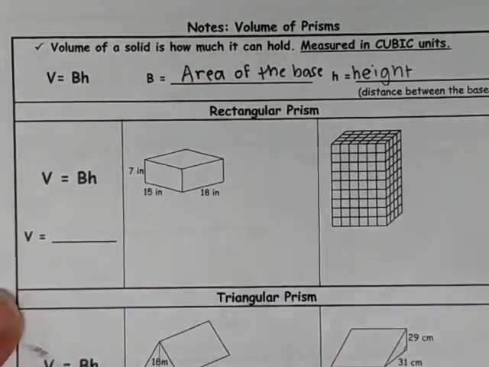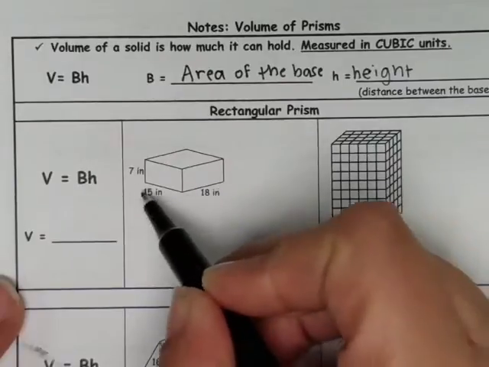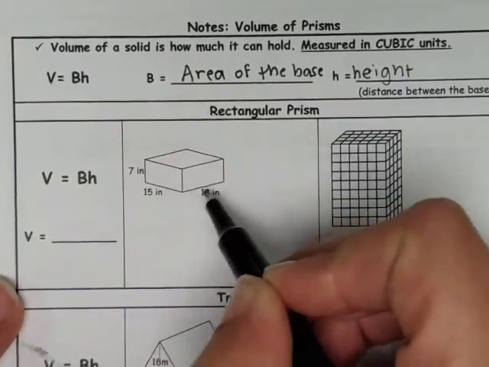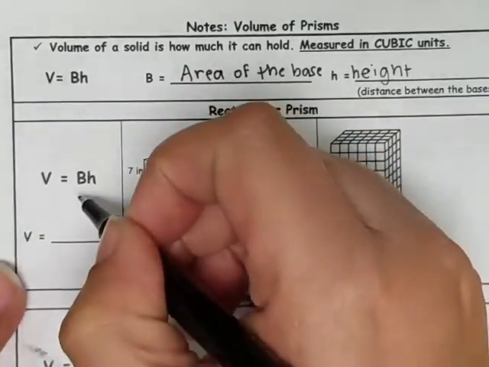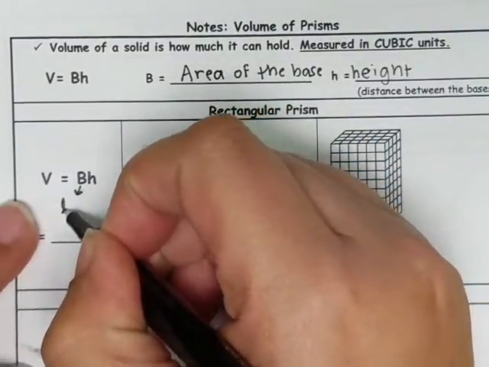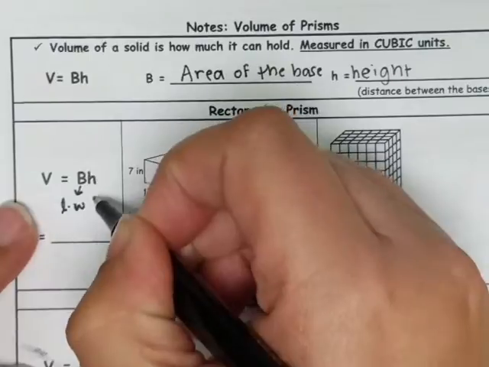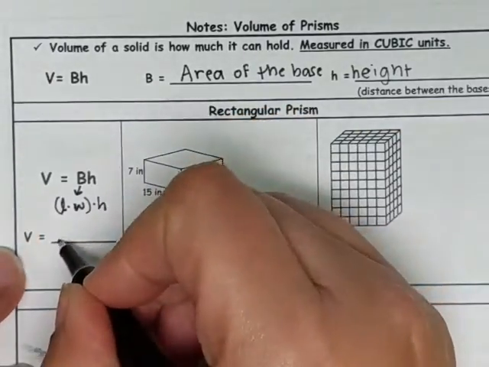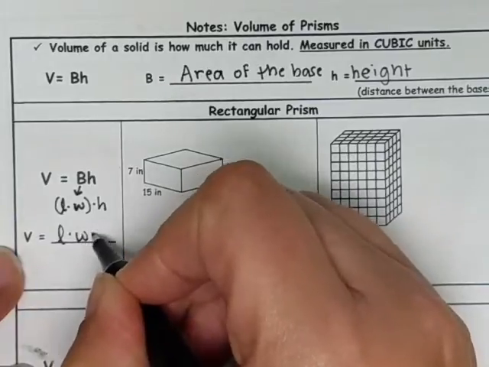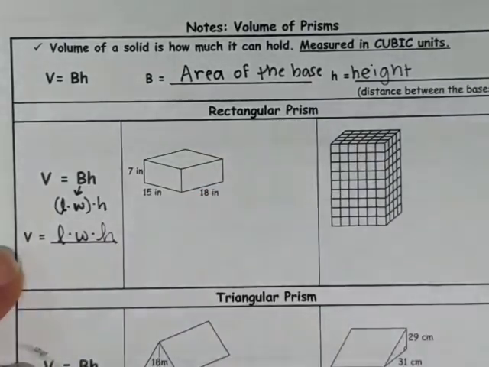So really the formula, the base is a rectangle or square, and so its area, the base, would be length times width, and then that times height, and then we can simplify that just to length times width times height.